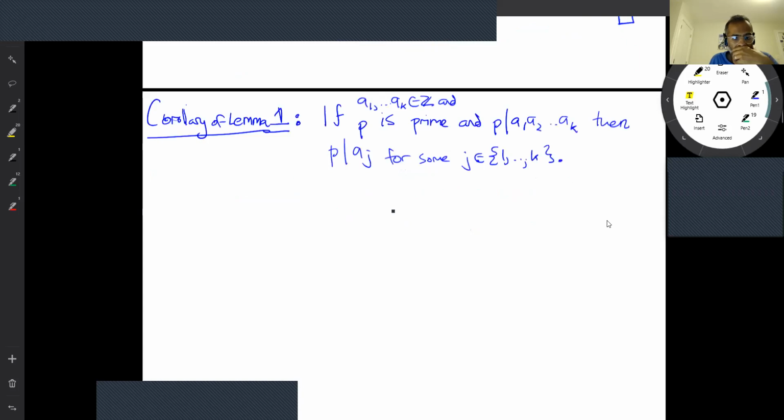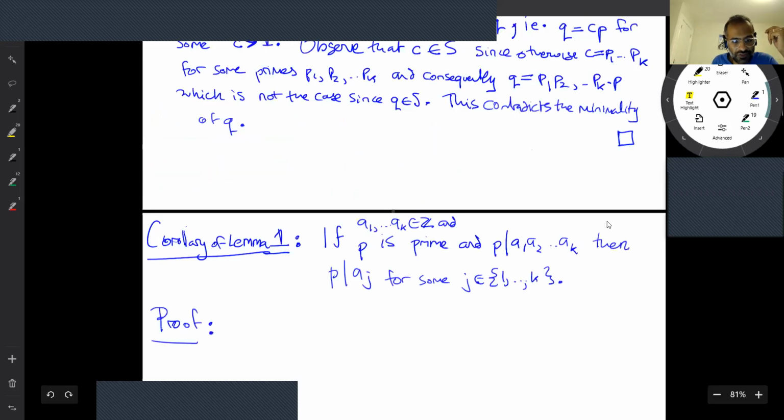Okay, so let's do a proof of this. Let's see, how should I structure this? Let me just write down lemma 1 since we're going to use it here.